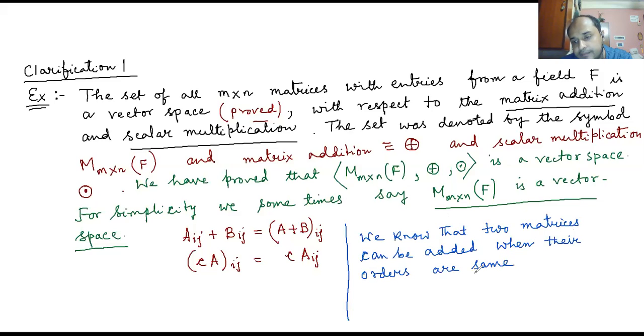We all know that. And we also know that when we multiply a matrix by a scalar quantity, each element of the matrix gets multiplied.